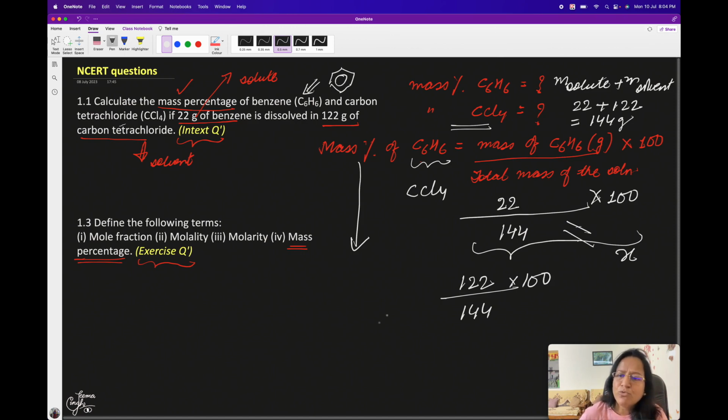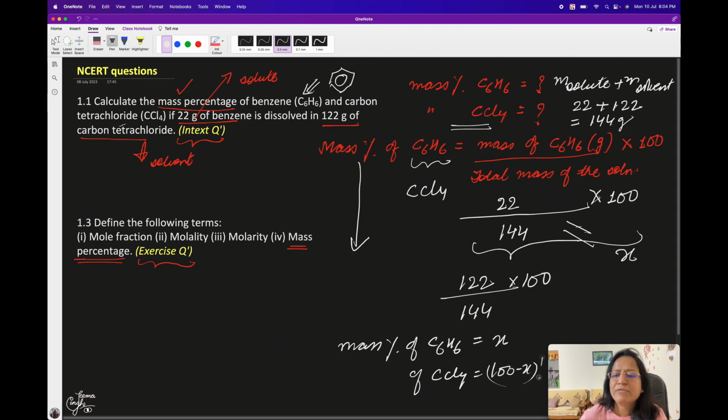So what about the mass percentage of CCl4? Percentage means 100. So 100 minus X percentage will be the mass percentage of CCl4. You can do it any way you want to. Obviously, you should follow the second method for ease and faster calculations, right? Calculate the mass percentage of benzene and then subtract it from 100 and you get the mass percentage of CCl4.